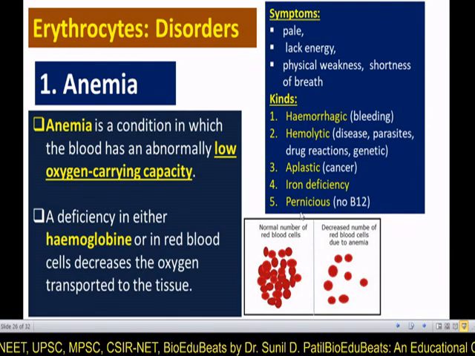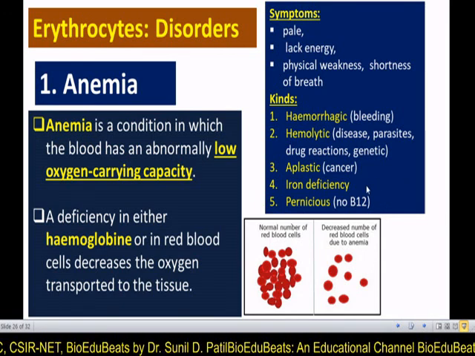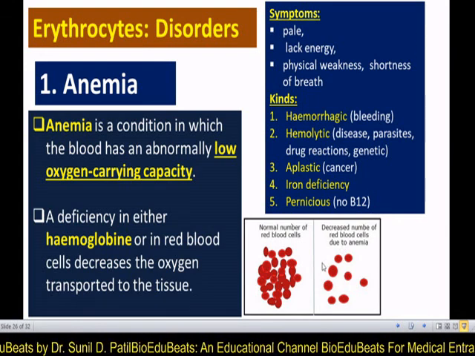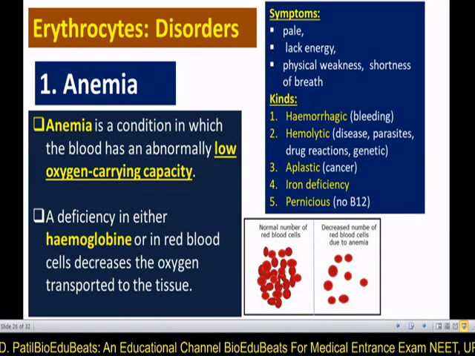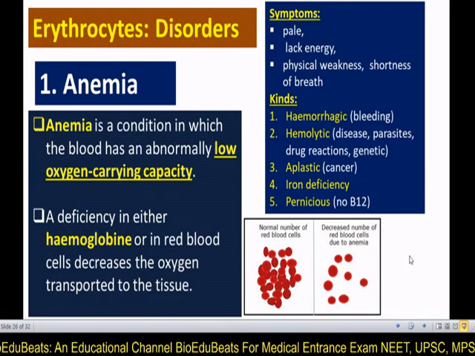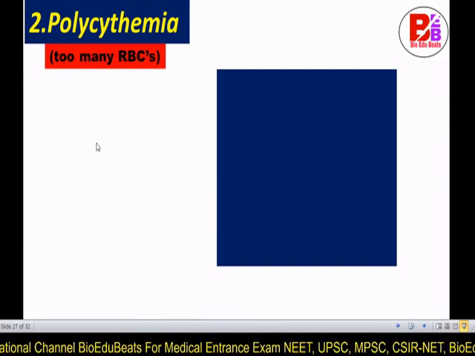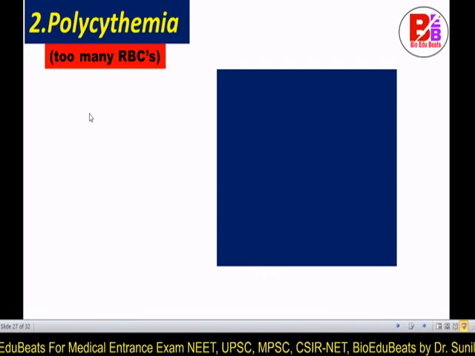Then pernicious anemia, when there is deficiency or no vitamin B12. So when anemia is there, you can see the decrease in the RBC, and this is the normal case of anemia. The second disorder of the red cell is polycythemia.